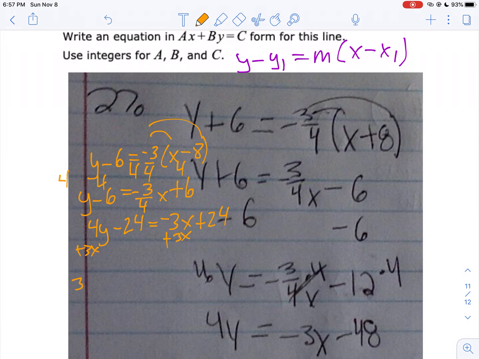So we get 3x plus 4y minus 24 equals a positive 24. Add 24 to both sides, and you get 3x plus 4y equals 48. And there's your answer for that.